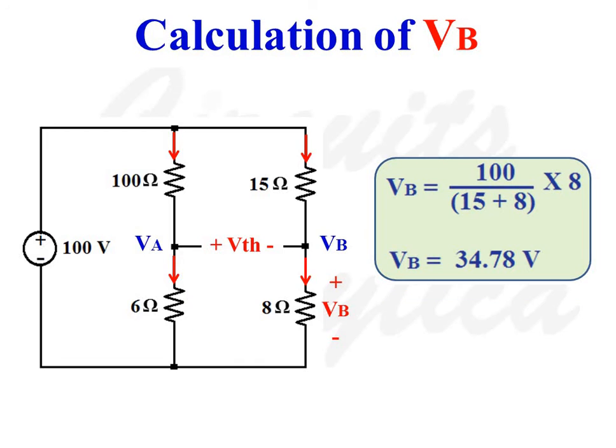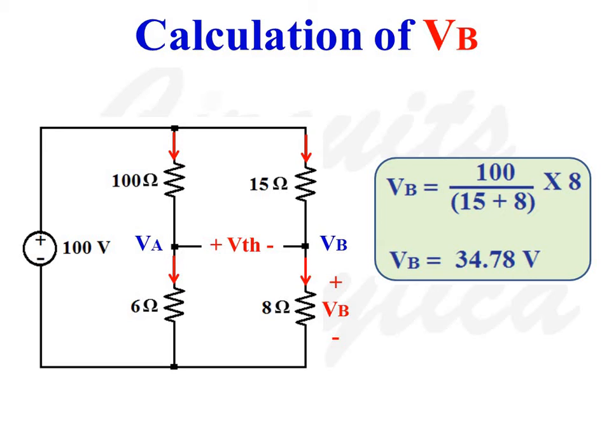Calculation of VB. VB is the voltage drop across resistance of value 8 ohms. So we can write VB is equal to current flow through 15 ohms and 8 ohms into 8 ohms.